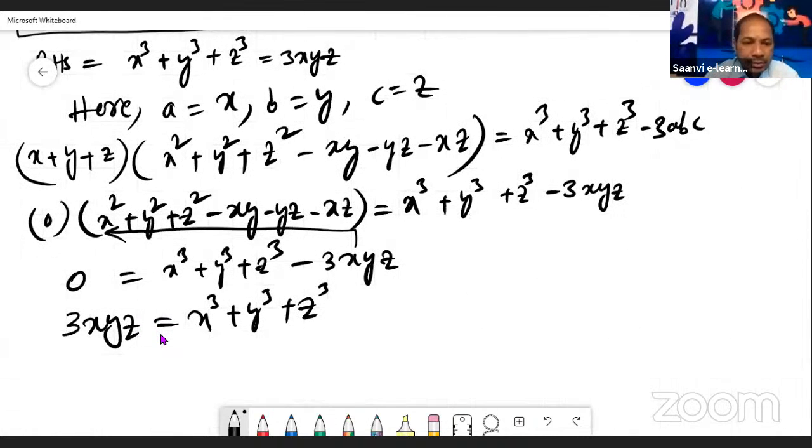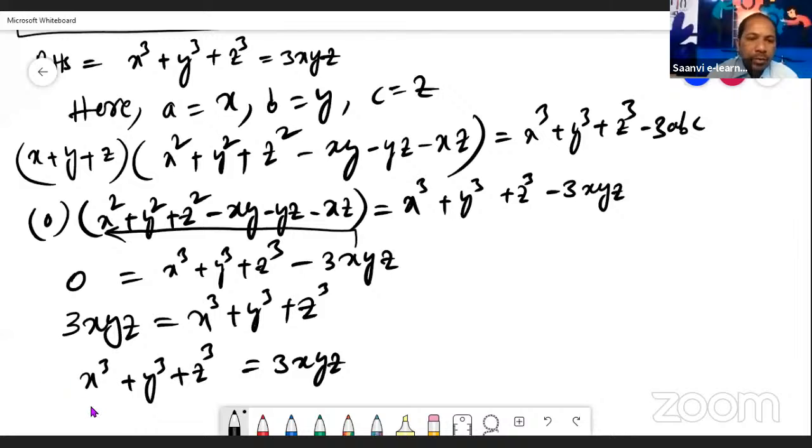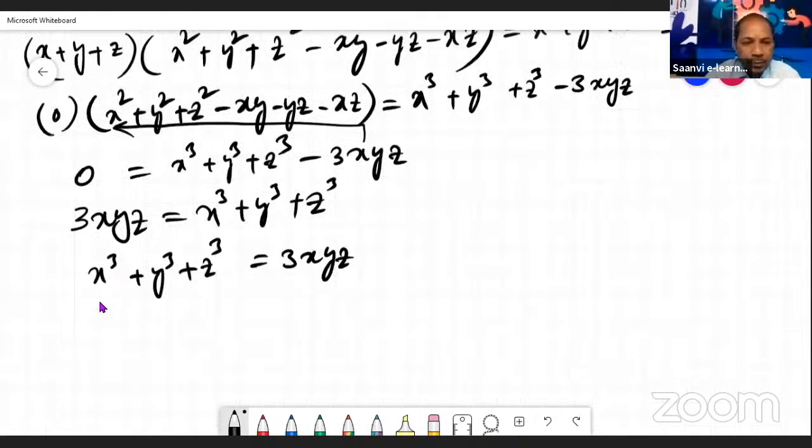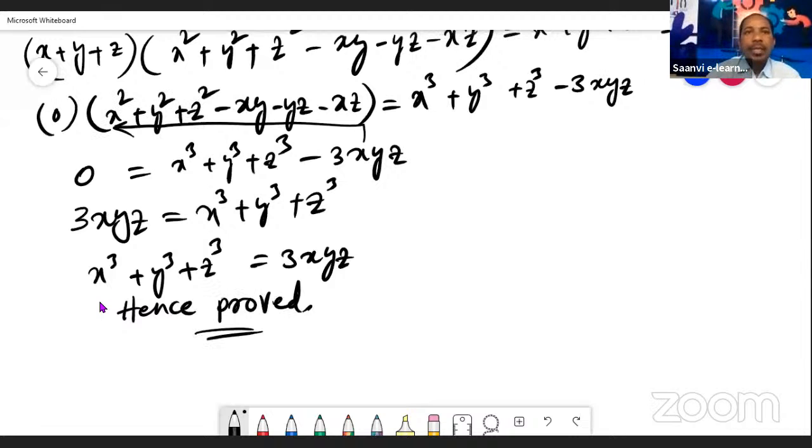So it means x cube plus y cube plus z cube is equal to 3xyz. Hence proved.